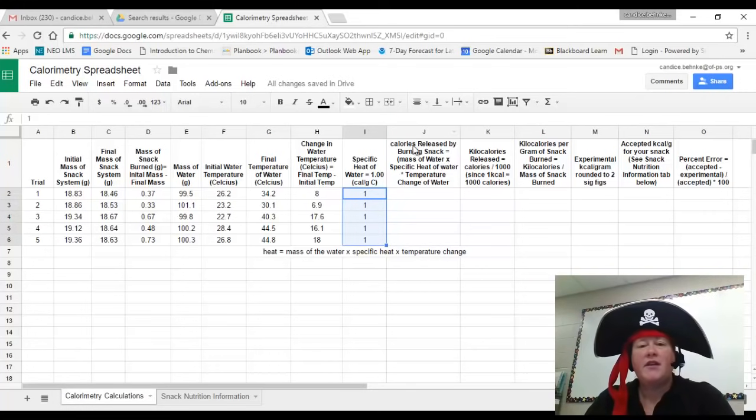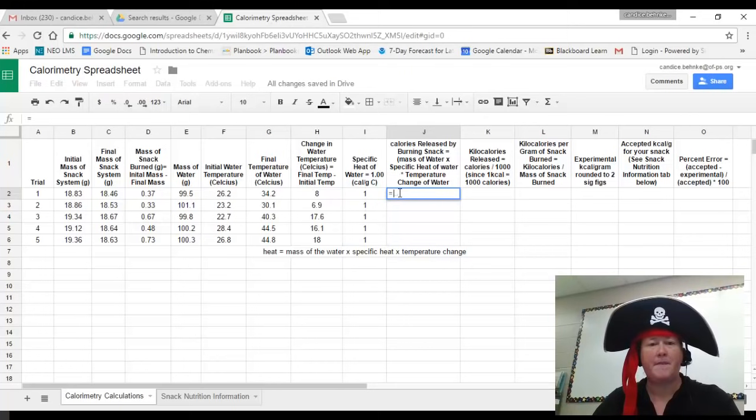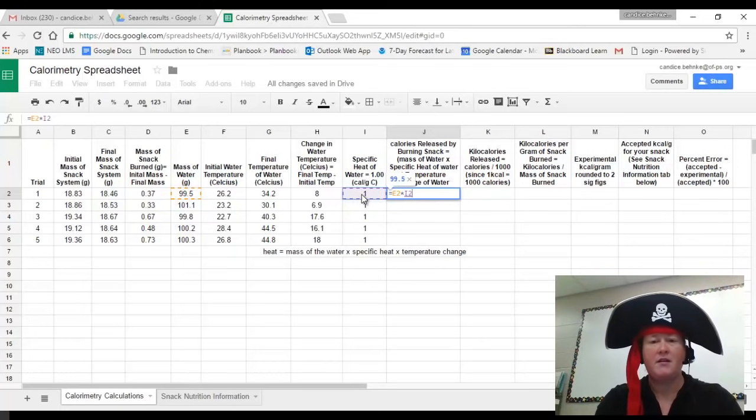Alright, so the next thing we need to do is calculate the calories released by the burning snack, which equals the mass of the water times the specific heat of the water times the temperature change. Again, we're going to be using a calculation using the spreadsheet. So that equals the mass of the water, and you have to use the asterisk as the times, the mass of the water times the specific heat of the water, and I clicked on it and it showed up, times the temperature change.